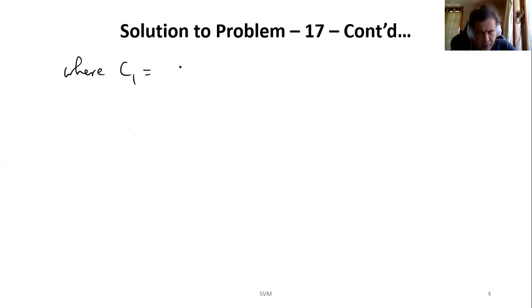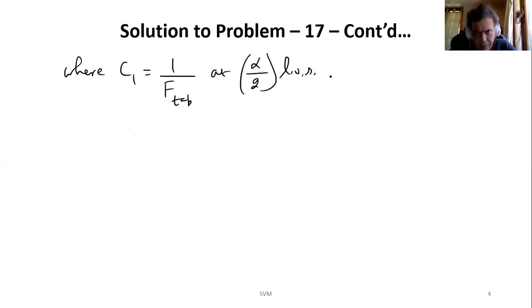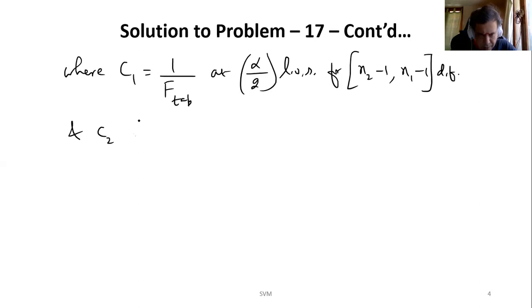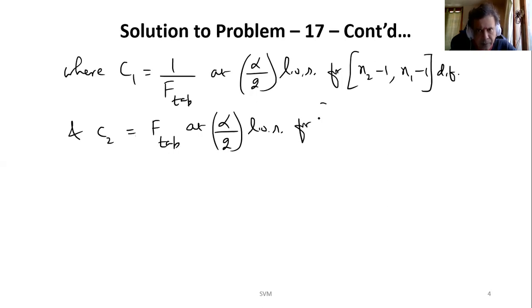C1 is 1 divided by the F table value at alpha by 2 level of significance for N2 minus 1, N1 minus 1 degrees of freedom, and C2 is the F table value at alpha by 2 level of significance for N1 minus 1, N2 minus 1 degrees of freedom.